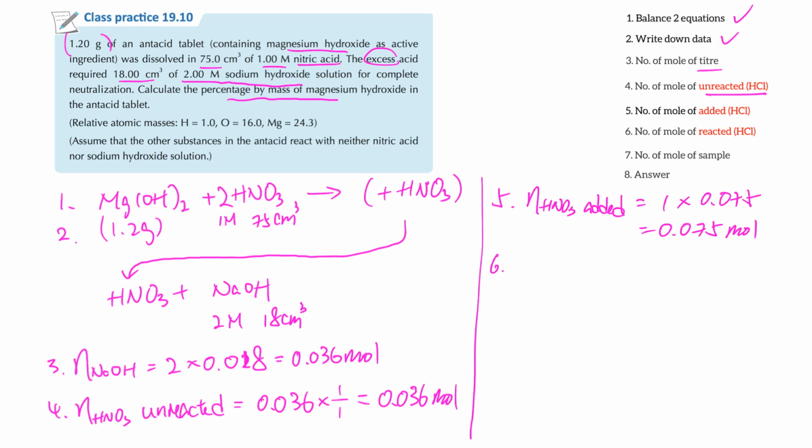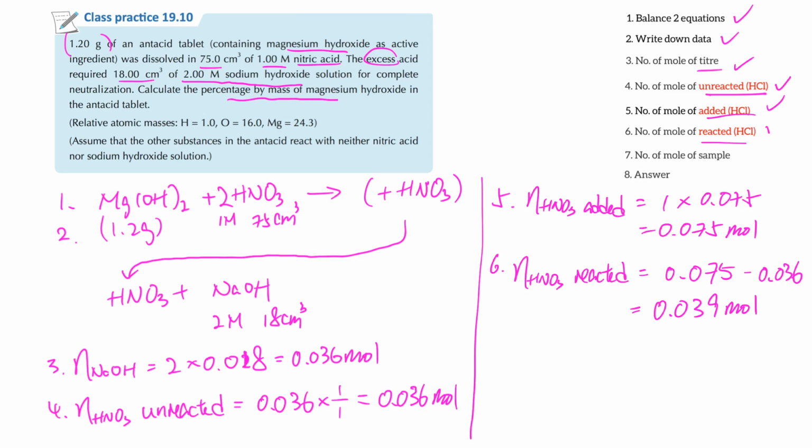And then the reacted one: the number of mole of HNO3 reacted will equal the added one, 0.075, minus the remaining 0.036. So the answer for this one will be 0.039 mole.